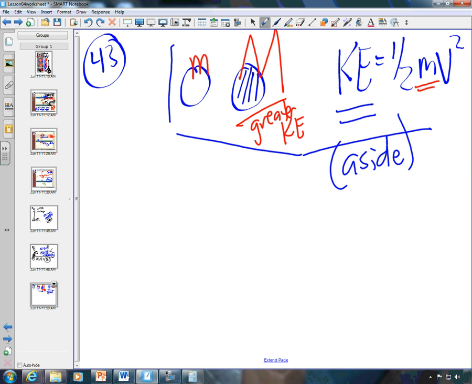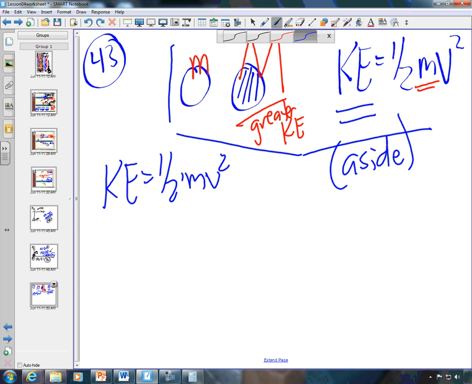So the ping pong ball and the golf ball are moving now with the same kinetic energy. If the kinetic energy is the same, then since the mass contributes so much, the ping pong ball has to be moving at the greater speed in order to help counteract its low mass.